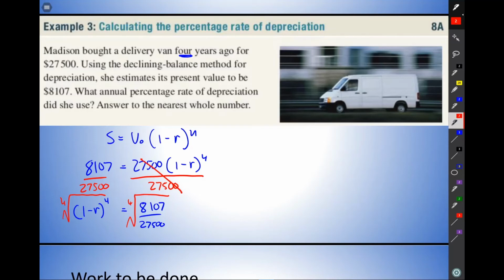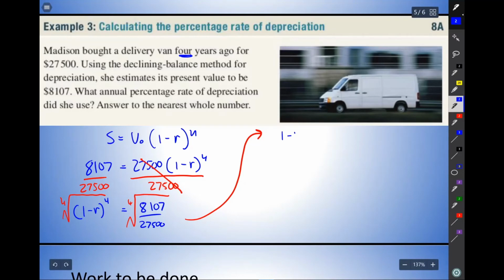And now all we have to do, I'm going to continue answering up there, is our equation looks like this now. So now all we need to do is basically swap the place of these two things. R is going to equal 1 minus this whole term we have here.